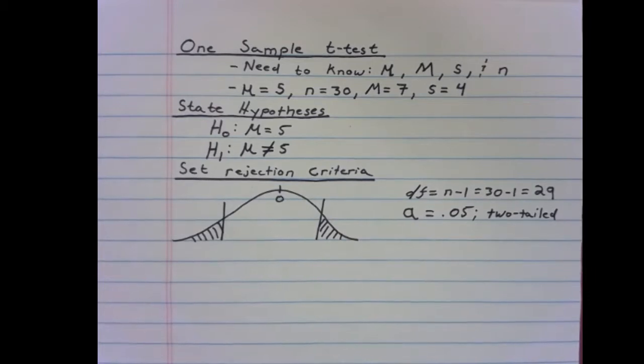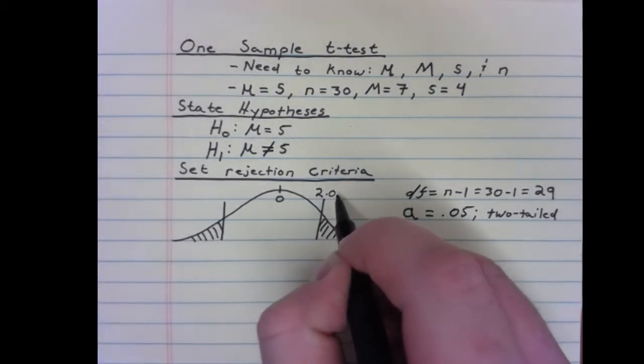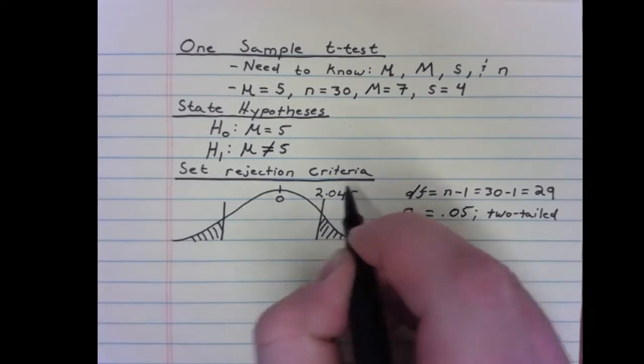Now, I'm not going to show looking up through the table because, copyright or something like that. So I already looked it up, and it's 2.045 and negative 2.045.